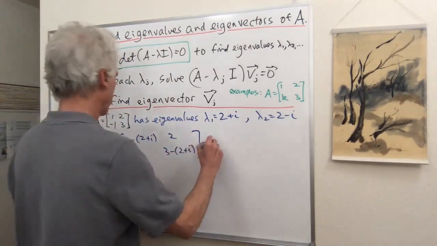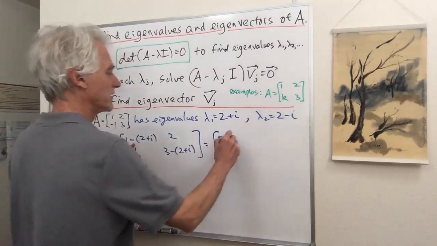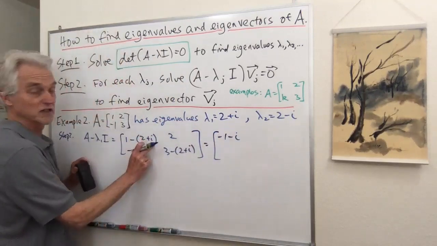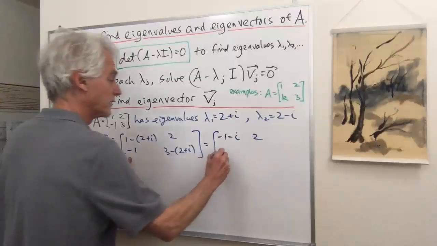All right, so let's simplify this. 1 minus 2 is -1. And don't forget to distribute the minus sign here. And then I get a 2, and I get a minus 1.